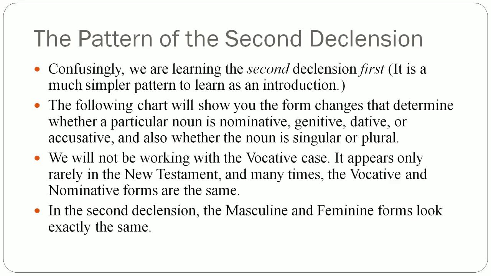In the second declension, these words we are studying here, the masculine and feminine forms look exactly the same. There's no way to tell whether a word is masculine or feminine just by looking at the word itself. They look the same. For the neuters, there's going to be something a little bit different, and we'll go over those.